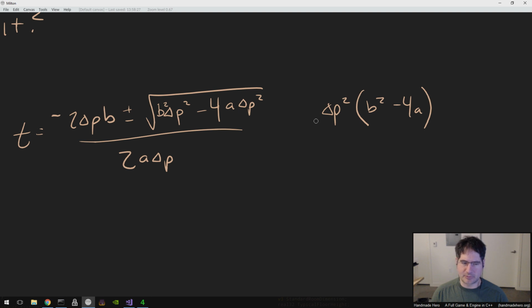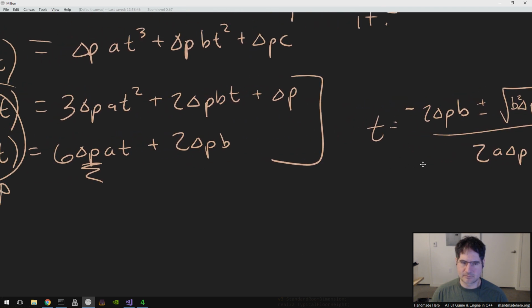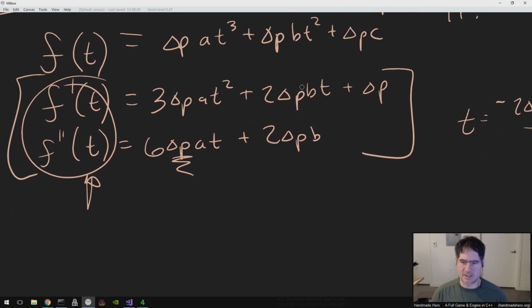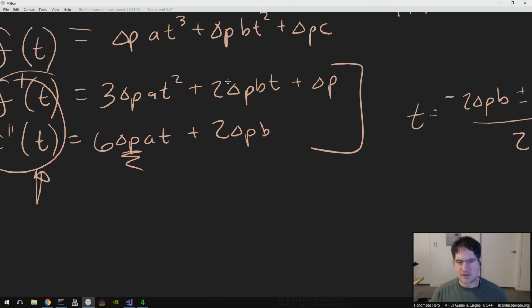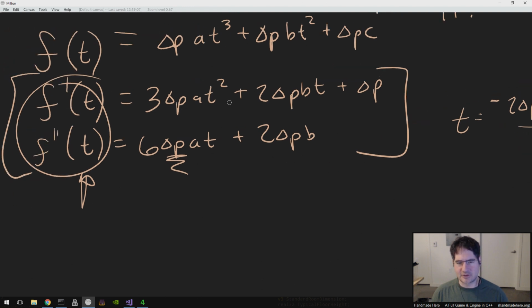So you should be able to pull that out and effectively get rid of it. And you know what? That's actually obvious. The reason that's obvious is because if you look at what happens here, there's a delta p in every term. So you could have just divided the entire thing by delta p, and you'd be done. So actually, it doesn't depend at all on that, I guess, unless I'm wrong, which means you actually can solve for the t without knowing what that delta was.